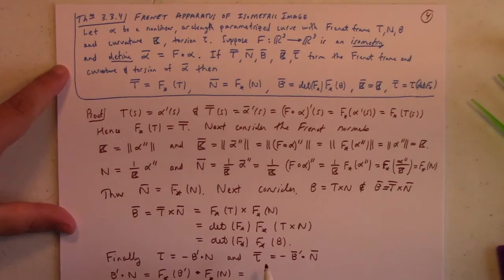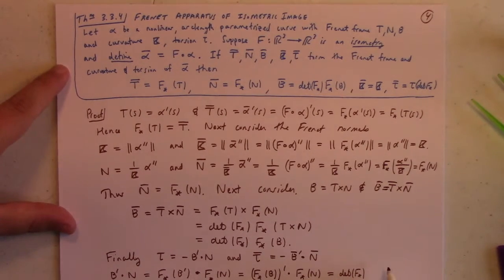But a little lemma says that that's really the push forward of B prime dot the push forward of N. All right, and so that is the determinant of F star, B bar prime dot N bar, which of course is the determinant of F star tau bar.